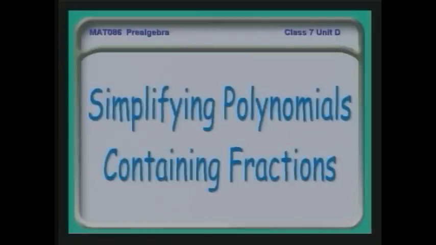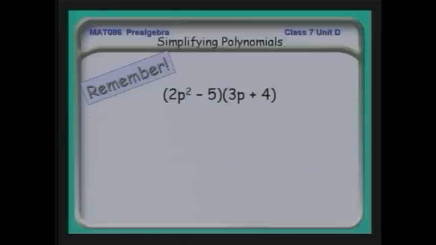Now let's look at using polynomials that contain fractions and how we manipulate those. Remember that if you have two binomials multiplied together, we use the FOIL method. We have actually 4 different products here.